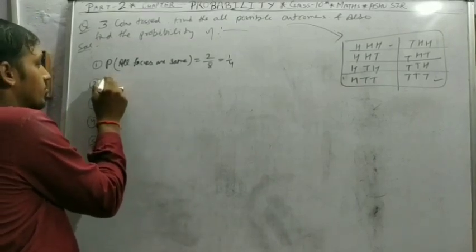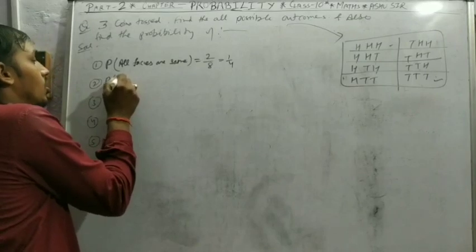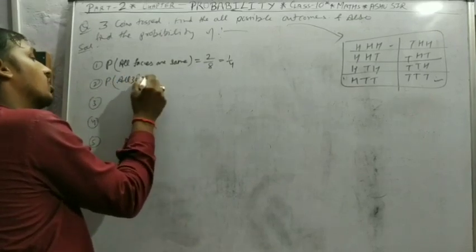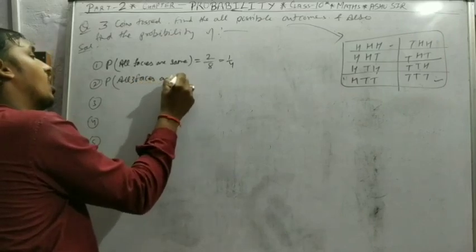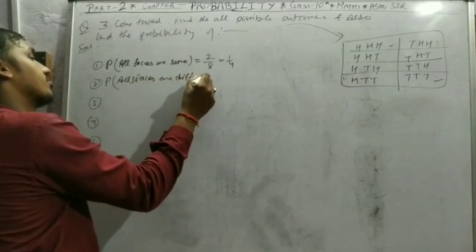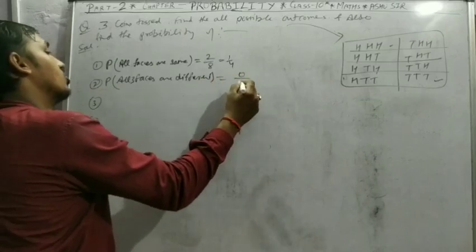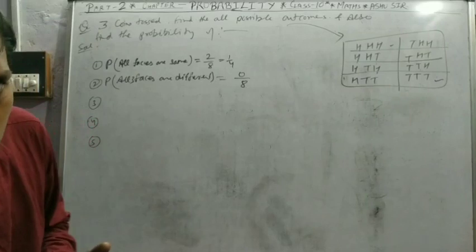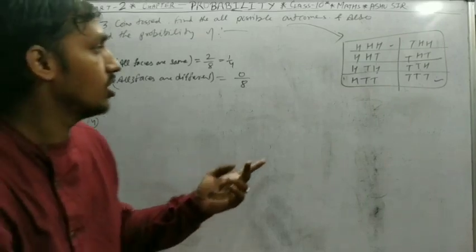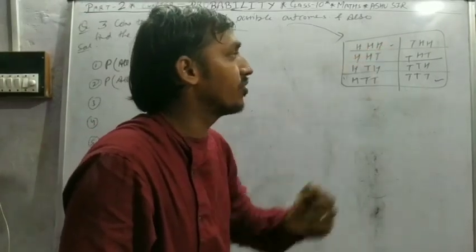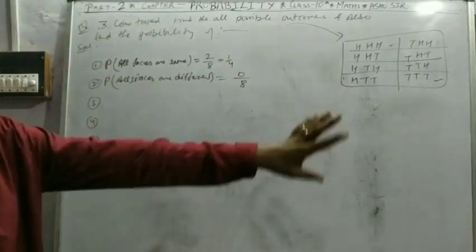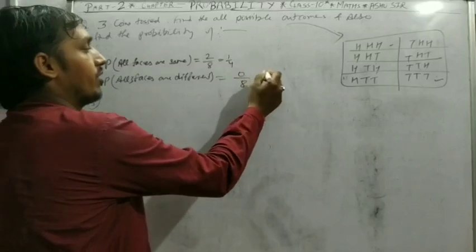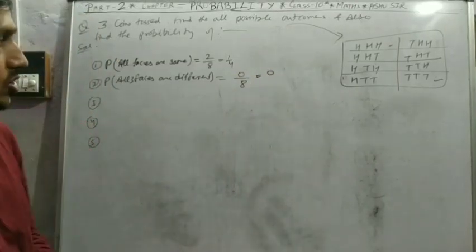Then if I say all 3 faces are different, 0 by 8, because the coin has only 2 faces, head and tail. So no, all 3 faces cannot be different. So no event has all faces different, that is 0 upon 8.